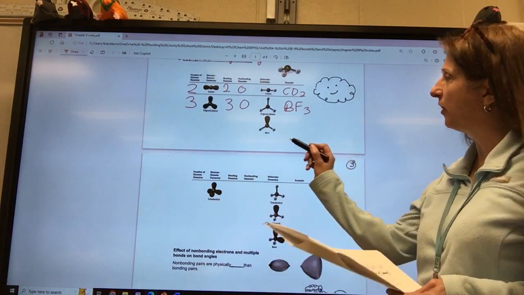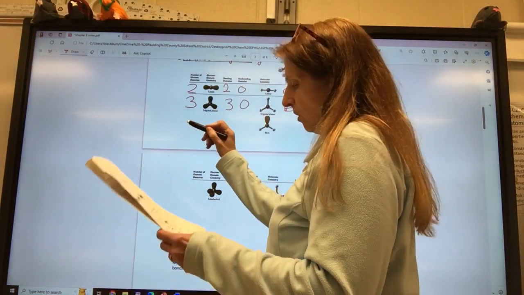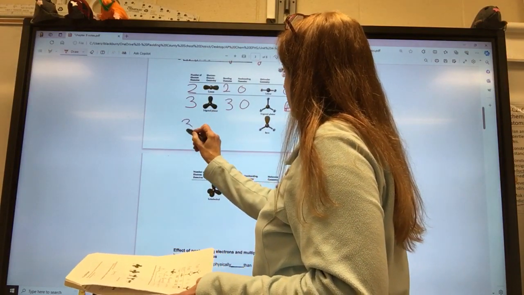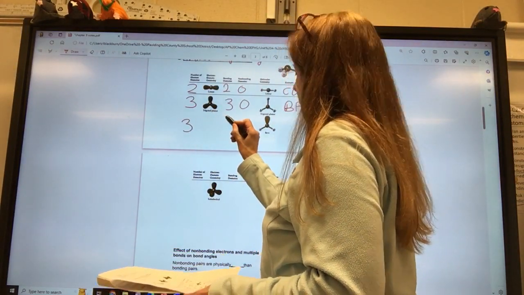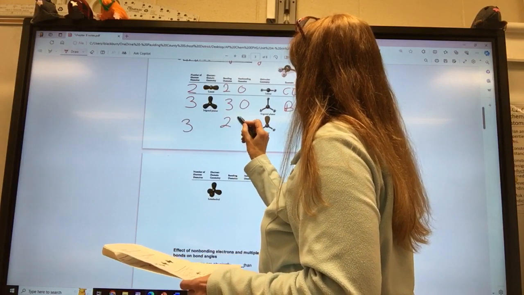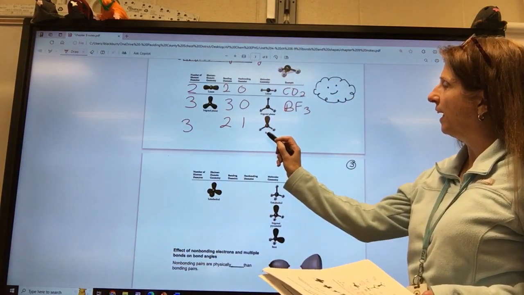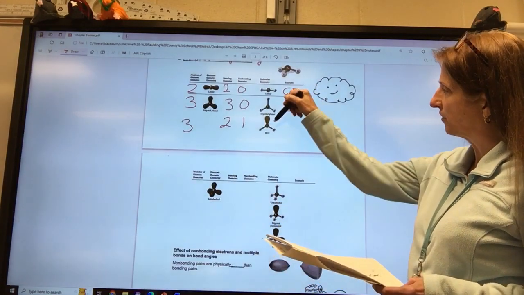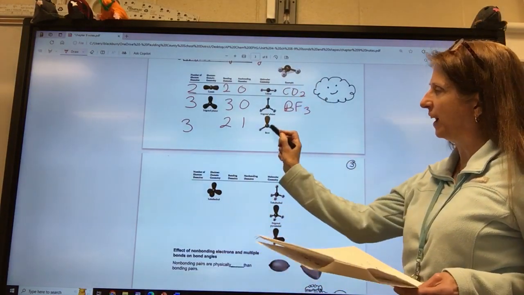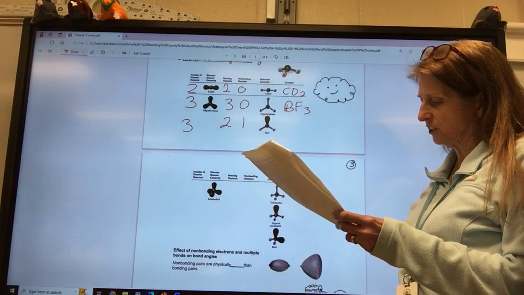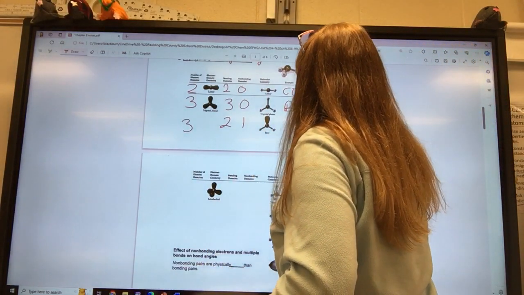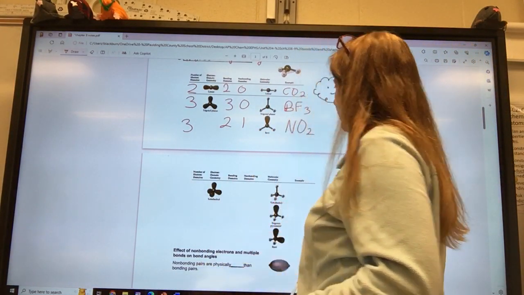Okay, but you could have three of them again, but two of them as bonds and one's an unshared pair, and it looks like this, and then it's called bent because it's got this one. I always think it looks like a little alien head. It's got one little unshared pair there. An example of this is nitrogen dioxide.